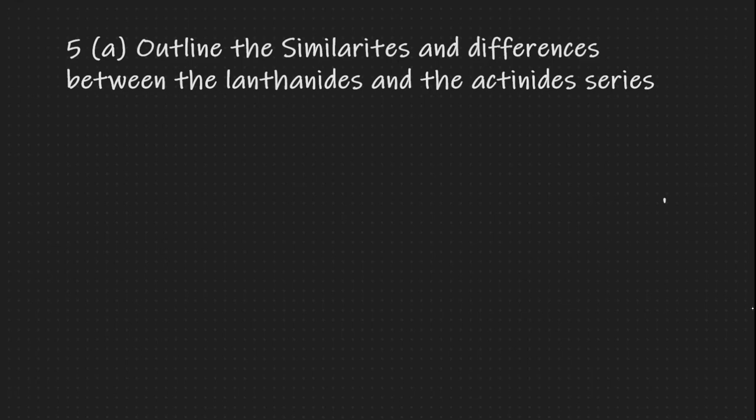So the fifth question here is: outline the similarities and the differences between the lanthanides and the actinides series. The question is, what are lanthanides and actinides? The lanthanides and the actinides are the F block elements, and they occupy the lower or the bottom part of the periodic table.